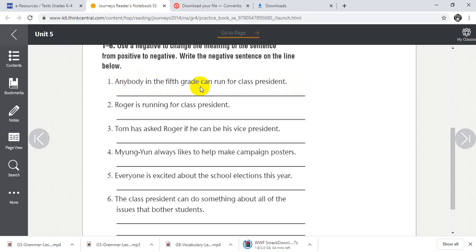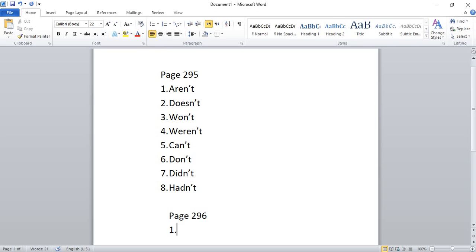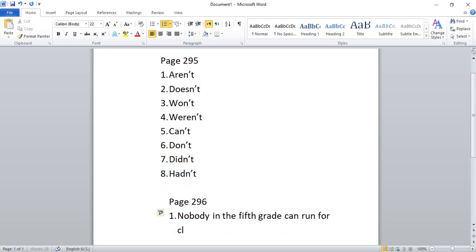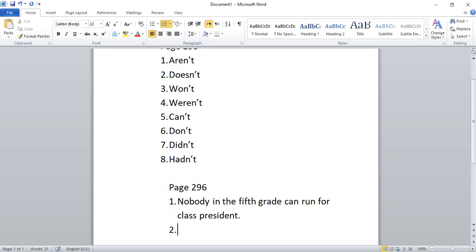Nobody in the 5th grade can run for class president, or no one. Okay, so we're going to say nobody in the 5th grade can run for class president. Okay, number 2.